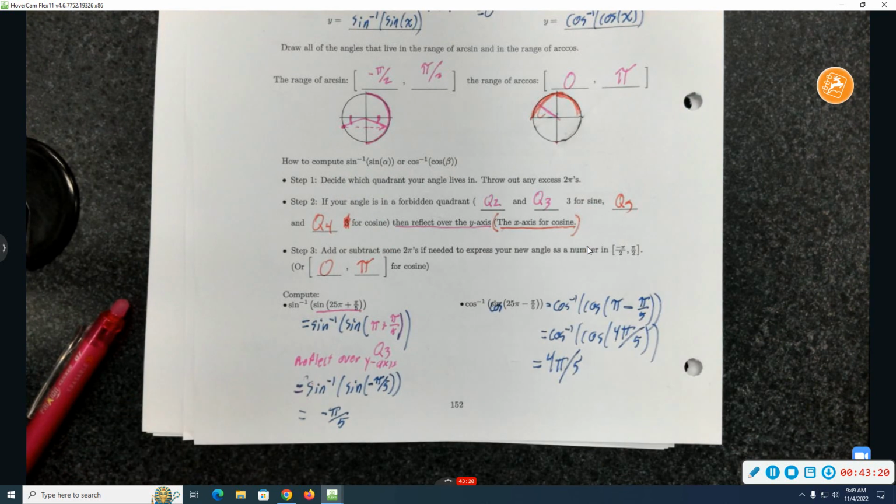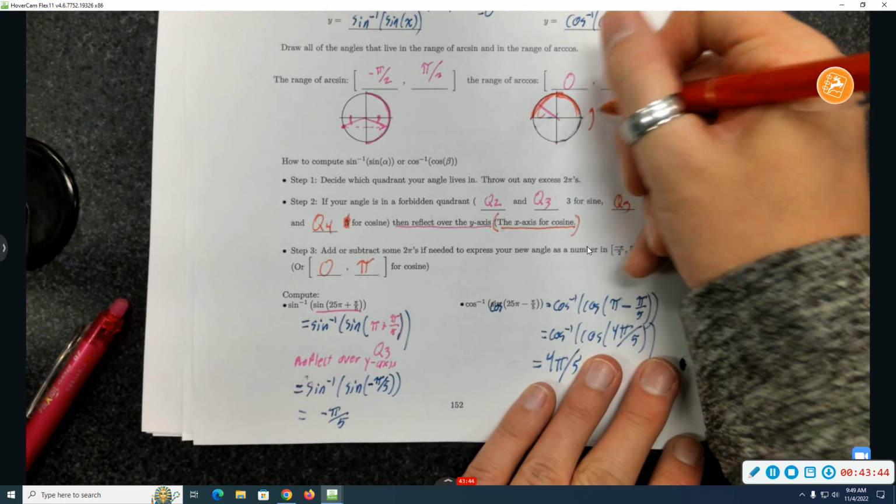So whenever you want to compute sine of inverse sine of a thing, or inverse sine of the sine of a thing, or inverse cosine of cosine of a thing, here are the steps to do. First, decide what quadrant your thing is and throw out any excess 2 pi's. If you're in a forbidden quadrant, then do a reflection. And if you need to think about what algebraically does that reflection, well, maybe we'll write it down.